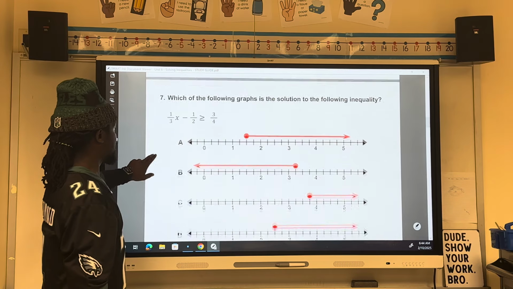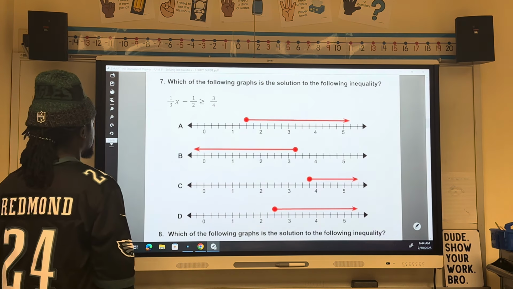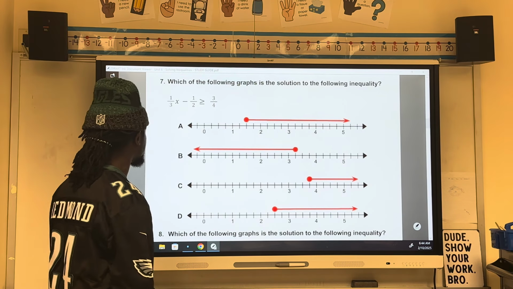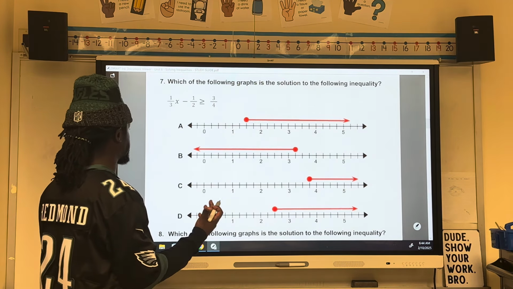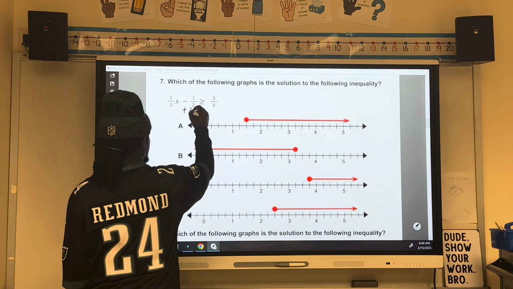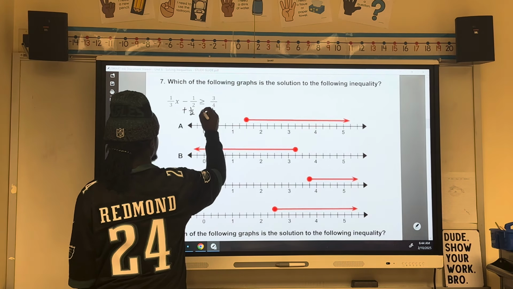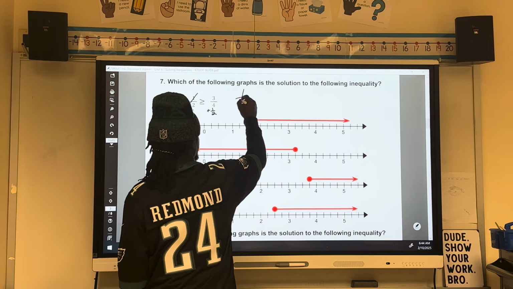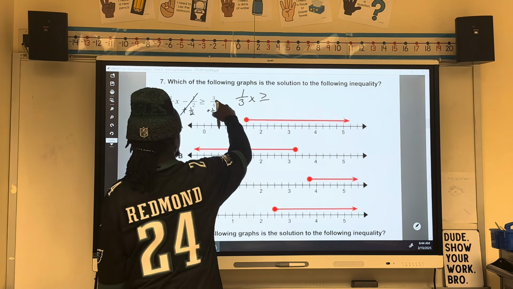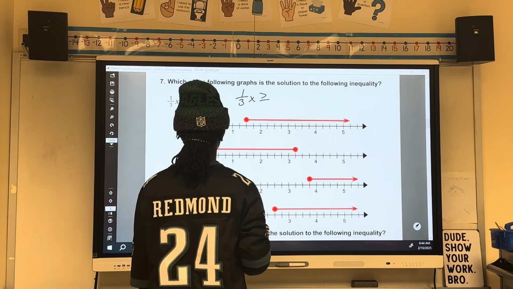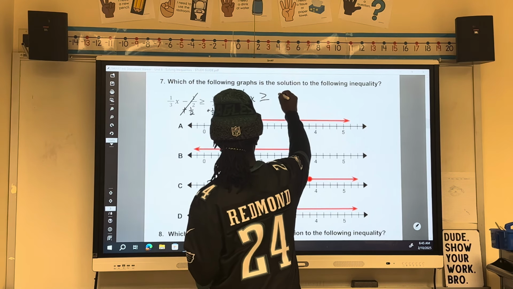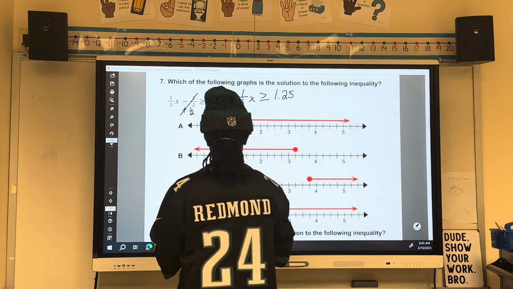Okay, now let's, so now we got one with some fractions, okay? And so we're gonna solve this inequality just like we would if it was whole numbers, all right? So we're gonna get the x by itself. We're gonna do so by adding 1/2, adding 1/2. Those 1/2s are gonna cancel. So I got 1/3 x greater than or equal to, when I do 3/4 plus 1/2 is gonna give me 1.25, okay?